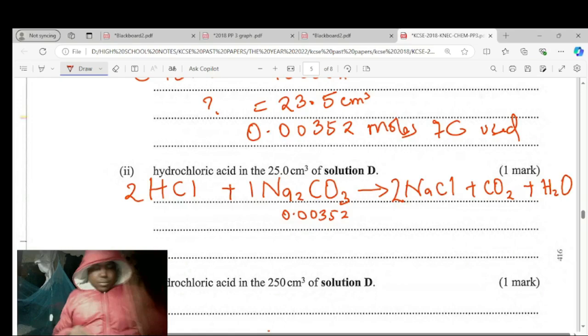The mole ratio is 1 here and 2 here. So the moles of solution D will be twice this one.